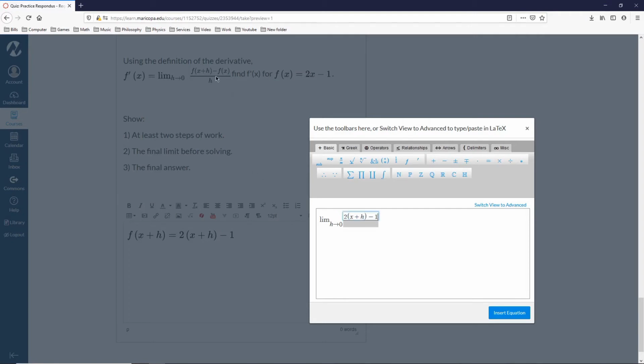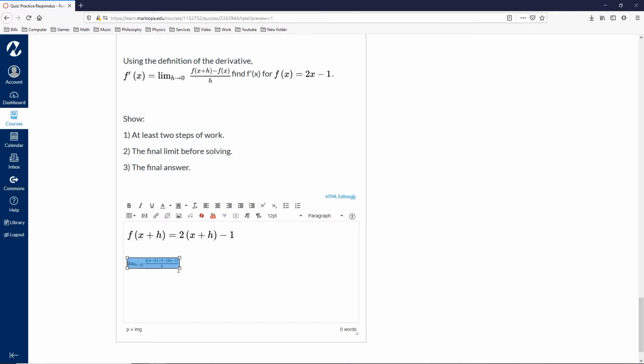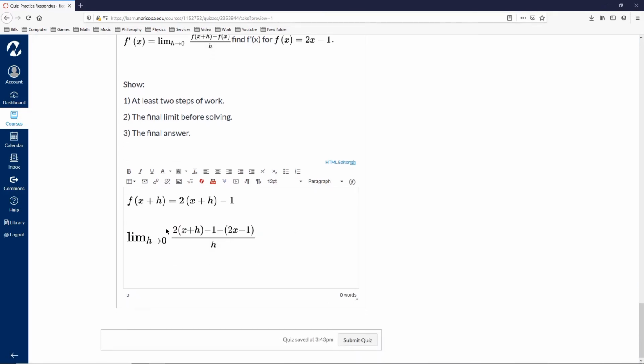And then we subtract off the original function. You're going to definitely want to use parentheses here so the minus sign distributes correctly. And there's another piece of work. Again, if you showed me this, I'd be like, oh, okay, they're getting it.